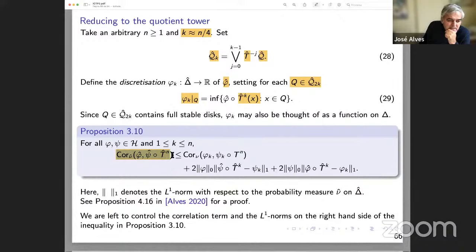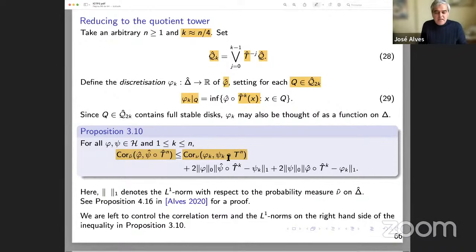The correlation with respect to the tower hat is what we want to estimate, and we can prove that it's bounded by the correlation with respect to the quotient tower. Well, that's good, and the good measure there. We pay a price: it is not anymore the same observables, it is phi k and psi k. But they are discretizations.